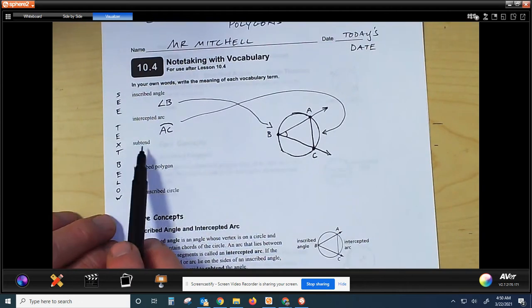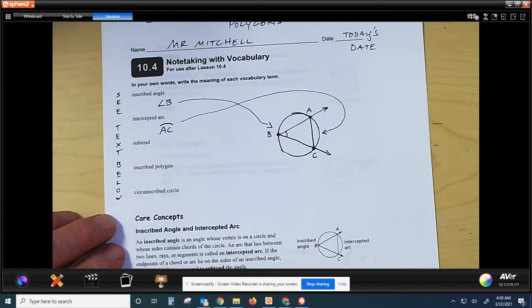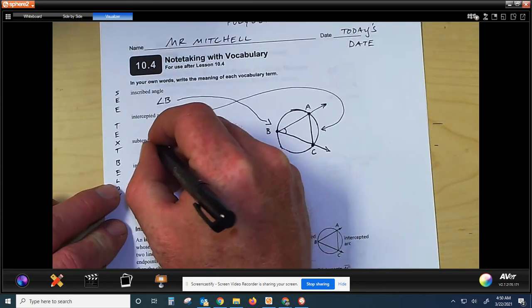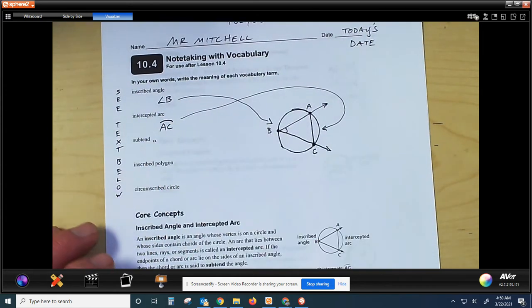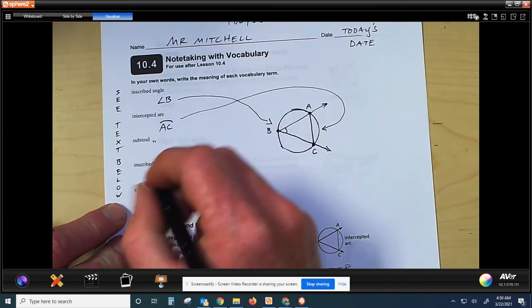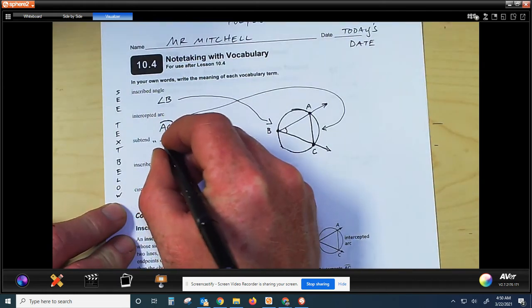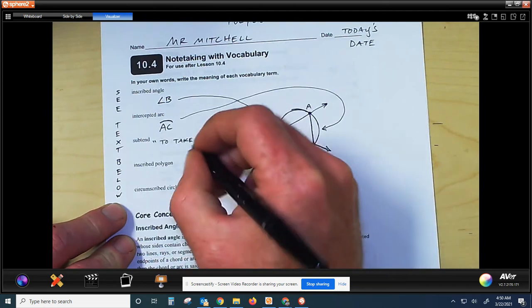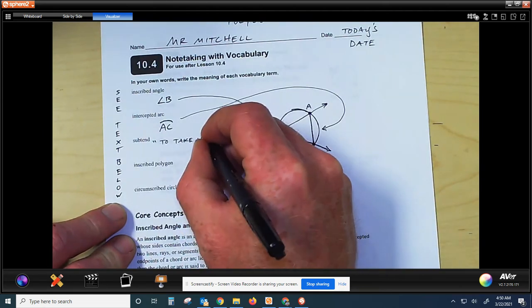Okay, subtend. If the endpoints of a chord or arc lie on the sides of an inscribed angle, then the chord or arc is said to subtend the angle. I looked this up on the internet, and I found a definition I like a little bit better. Subtend, generally as a word applying to geometry, is to take up. So I'm doing this as a rewrite of a definition.